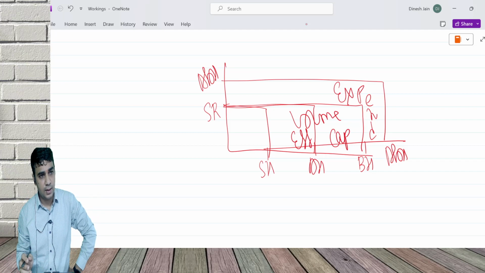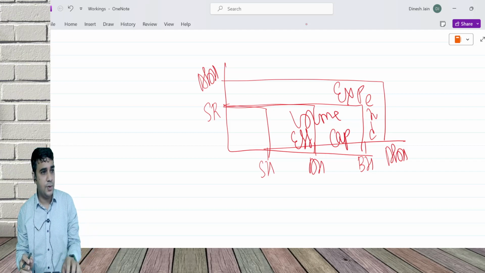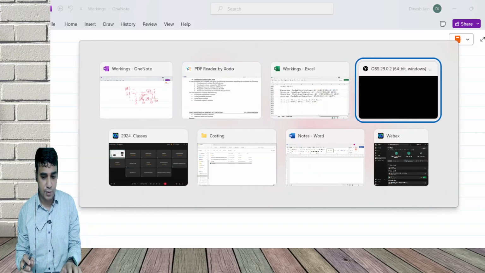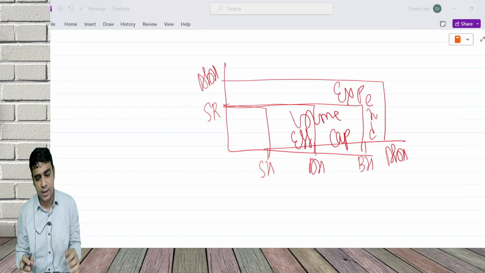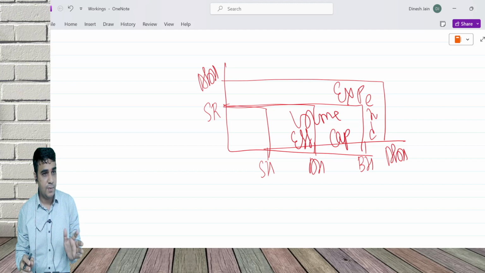Any doubts on the chart? The chart should be clear to you by now. That's where I want you to revise the charts part alone. Keep revising the charts so that you get clarity, because many students find it difficult to remember the formula. I don't want you to remember any formula. Go through the chart, and the chart will automatically tell you the formula.